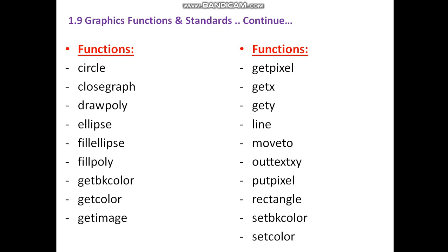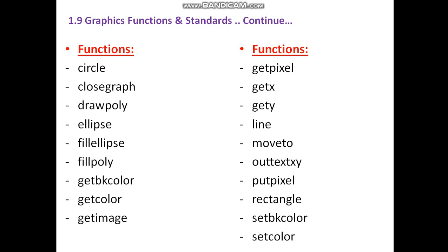Then next is moveto. The moveto function changes the current position to the next position, and the syntax is void moveto, and the parameters are int x and int y.